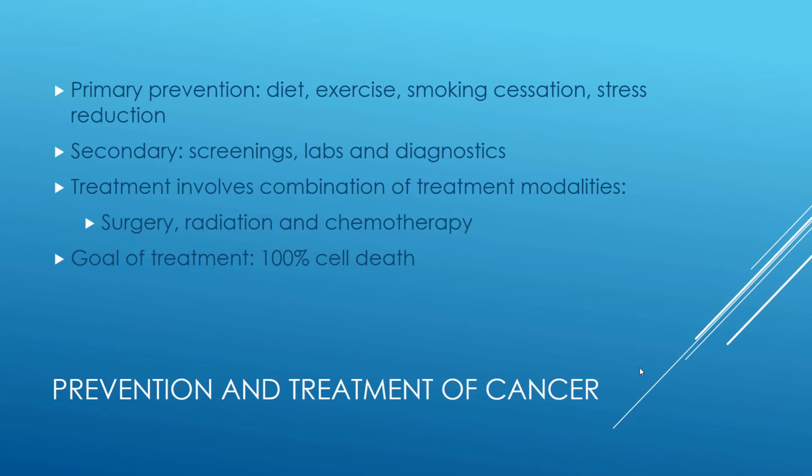Screenings are useful secondary interventions for the earliest possible identification. The earlier we treat, the smaller the size of the tumor and the less chance of metastasis. Therefore, the better the prognosis.